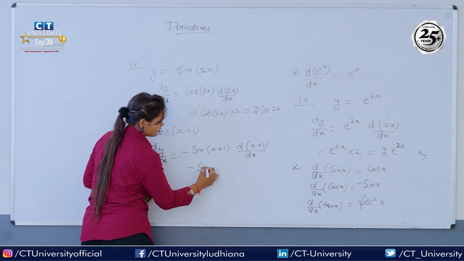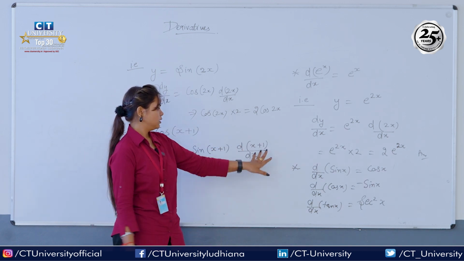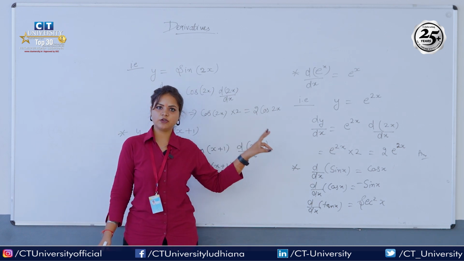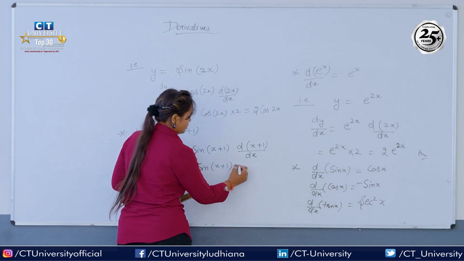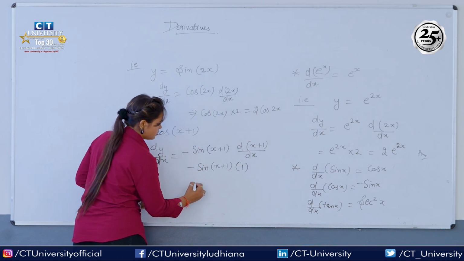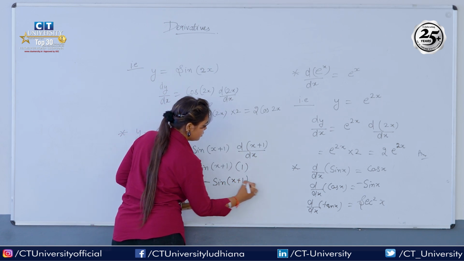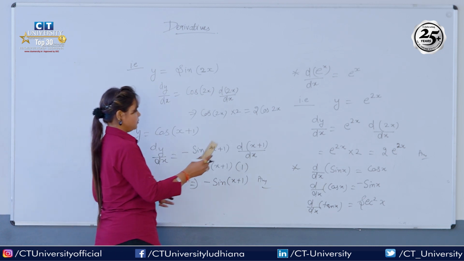Minus sine of x plus 1, and the derivative of this: the derivative of x with respect to x is equal to 1. The derivative of 1, a constant number, is 0. So here 1, which gives minus sine of x plus 1 is the final answer. Now the next example.